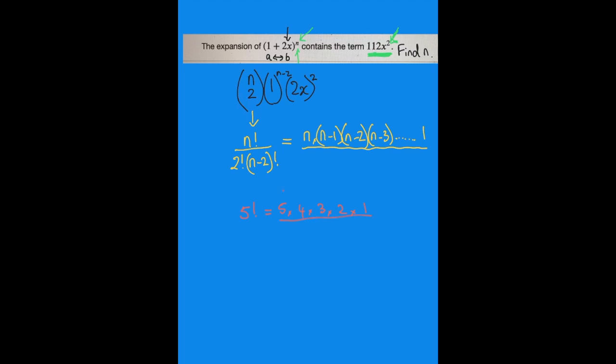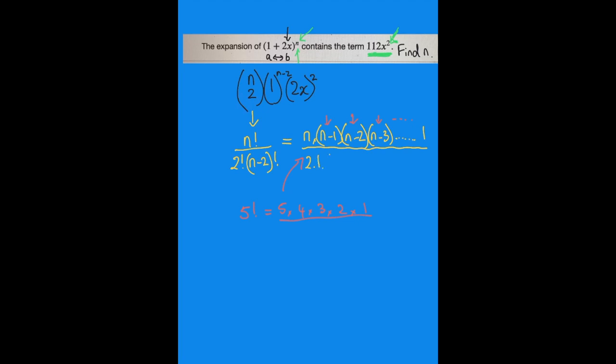Okay, so that's all that I've done there. I've just taken n and then n minus 1, n minus 2, n minus 3, and I keep going until it ends with 1.